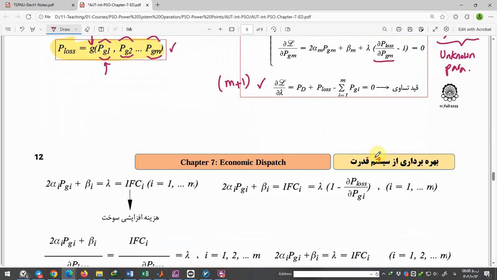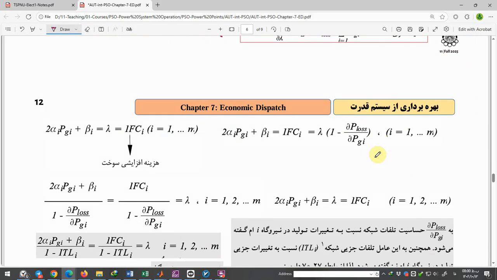After that, you can write lambda as: lambda equals 2 alpha i PGi plus beta i, over 1 minus round P loss over round PGi. This is very important for this scenario.